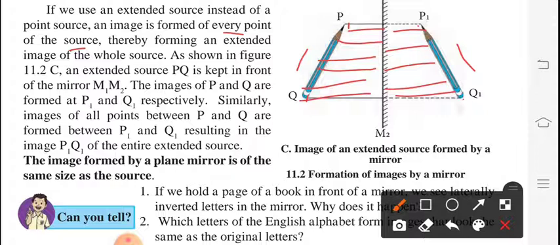So we can say that in the figure, extended source PQ is kept in front of the mirror M1M2, and the images of P and Q are formed at P1 and Q1 respectively. Similarly, images of all points between P and Q are formed between P1 and Q1, resulting in the image P1Q1.